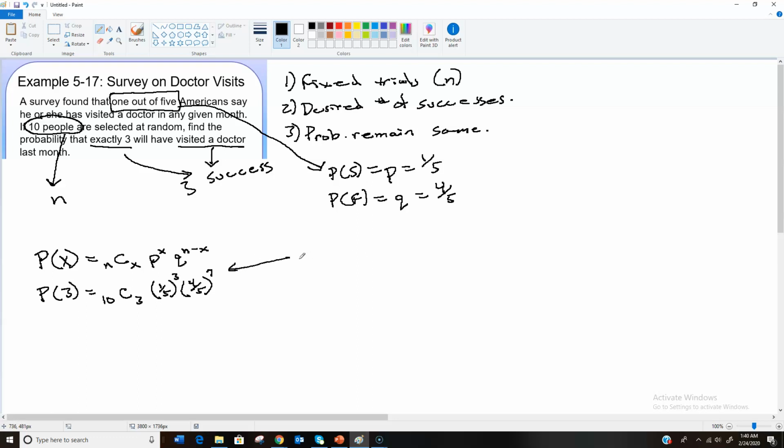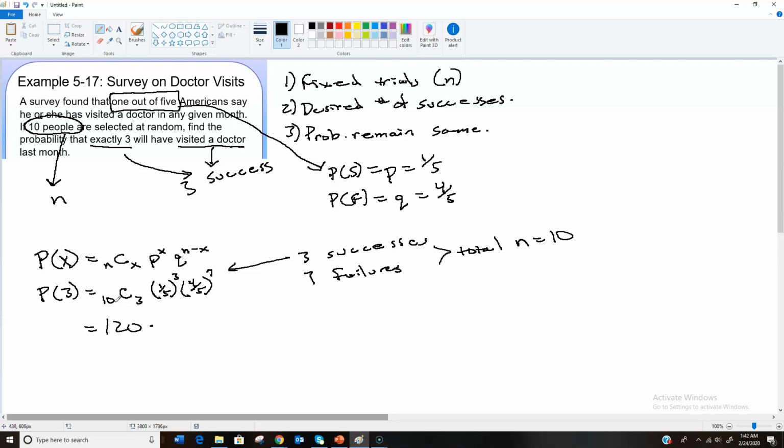So again, this is 3 successes, 7 failures, and this has to total N, which equals 10. So if I have 3 successes, I have 7 failures. And then it's just a matter of typing this in your calculator. So you type in 10 choose 3, which comes out to be 120.